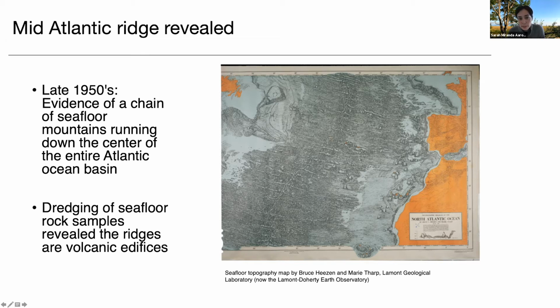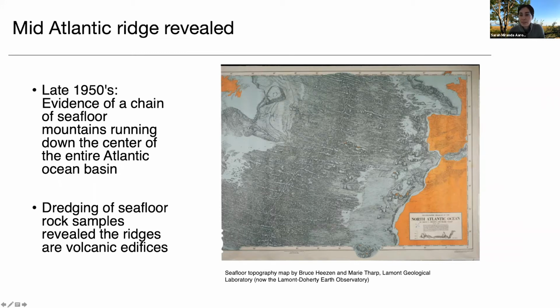So this is one of her maps produced by herself and Bruce Heezen in the late 1950s. And it's kind of hard to see here, but this is basically Europe and Africa. And then right here, you can kind of see the faint outline of this mid-Atlantic ridge. And so there's this huge mountain chain that's under the ocean running down the center of the Atlantic Ocean basin. And when people went out there with ships, they dredged the bottom of the ocean, and they were able to pick up these rock samples that revealed that these were really volcanic in origin.